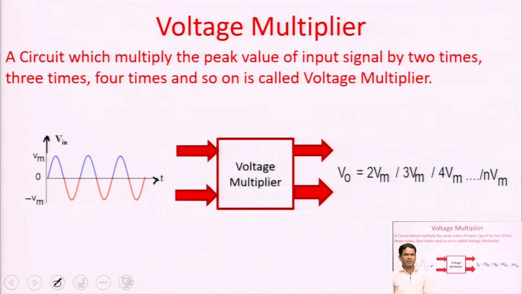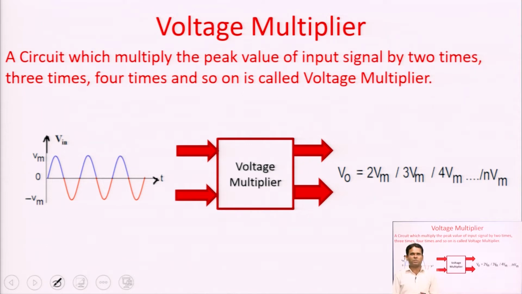Obviously, there must be a passive component which stores the peak value of the input voltage, Vm, and maybe 2Vm or 3Vm and so on. This passive component is the capacitor.